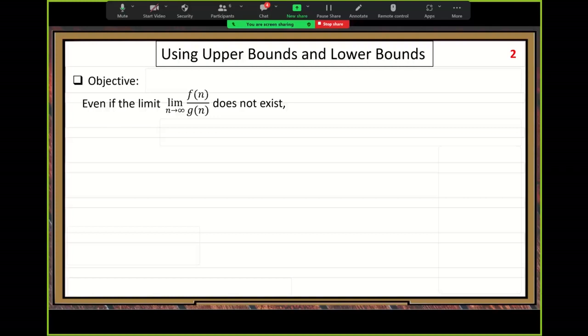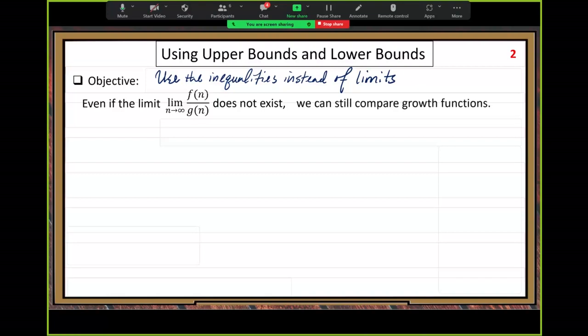This method will use inequalities instead of limits, to avoid the technical difficulty of limits. So even if the limit does not exist, we can still compare growth functions.